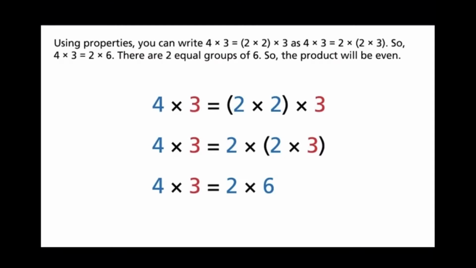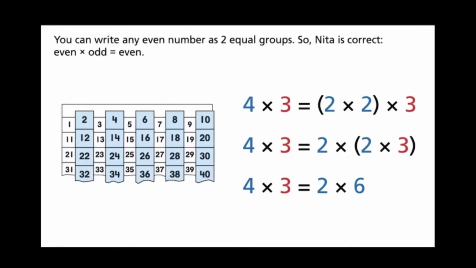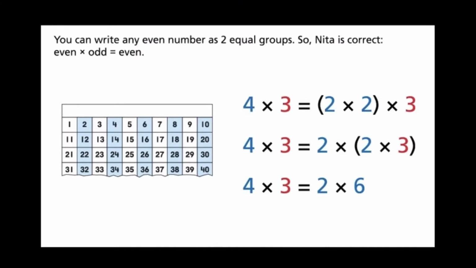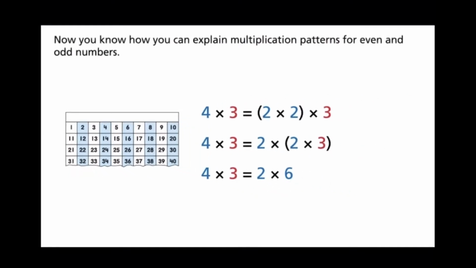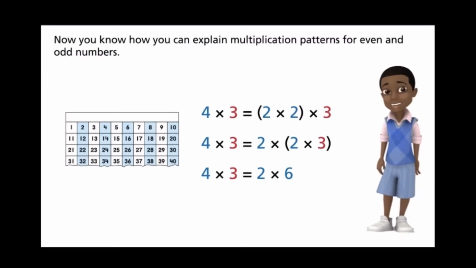There are two equal groups of 6, so the product will be even. You can write any even number as two equal groups. So Nita is correct. Even times odd equals even. Now you know how you can explain multiplication patterns for even and odd numbers.